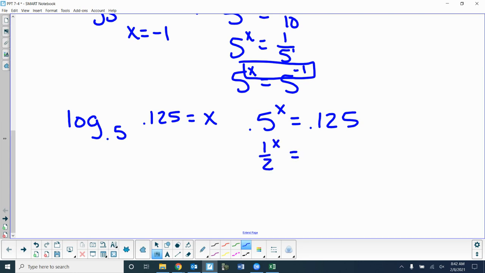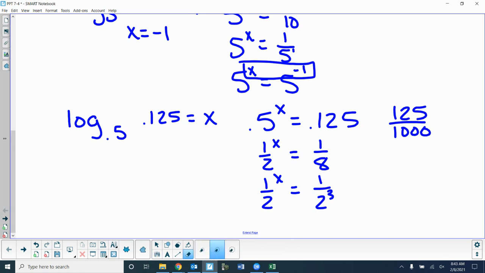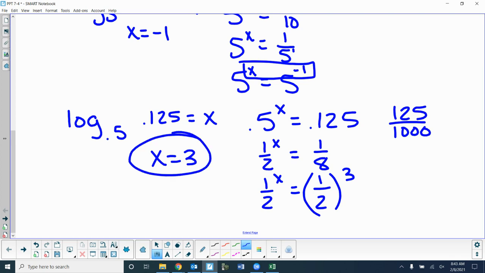And 0.125 as a fraction. That's 125 over 100. I'm sorry, 1,000. That reduces to 1/8. Okay? Well, 8 is 2 to the third. So what happens to that 3 when I move it up top? Well, I guess it's just 1/2 to the third. Never mind. Let me fix that. I could write it like this. So it's just going to be x is 3. Okay.